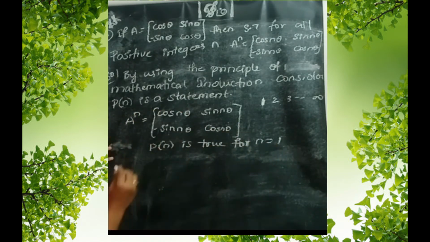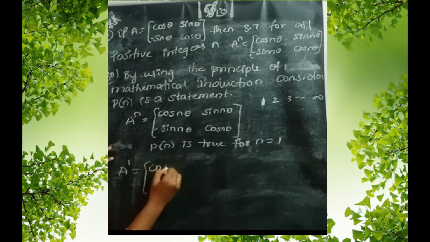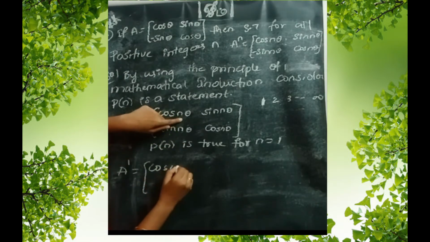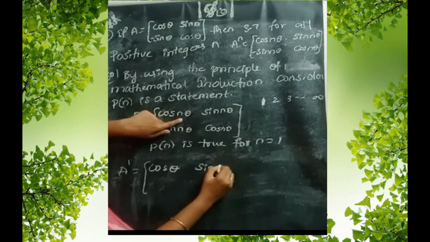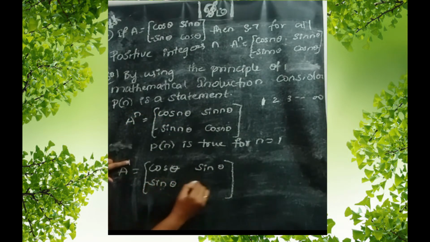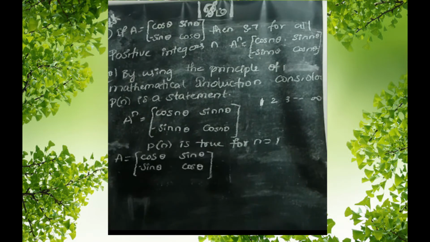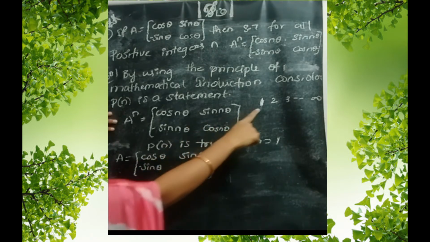A power n equals cos theta, sin theta, minus sin theta, cos theta. Okay, this is the value when we substitute 1 in A power n. Now 1 has been completed.